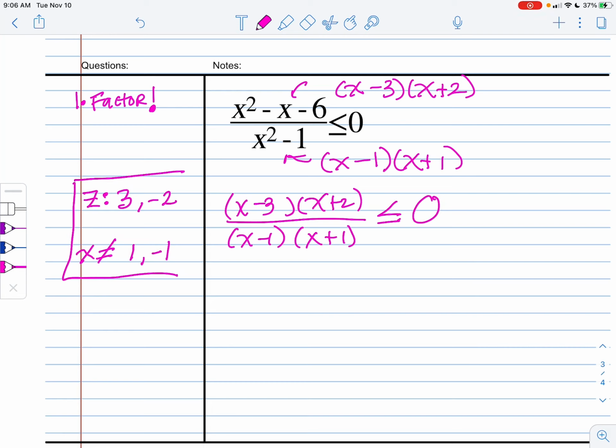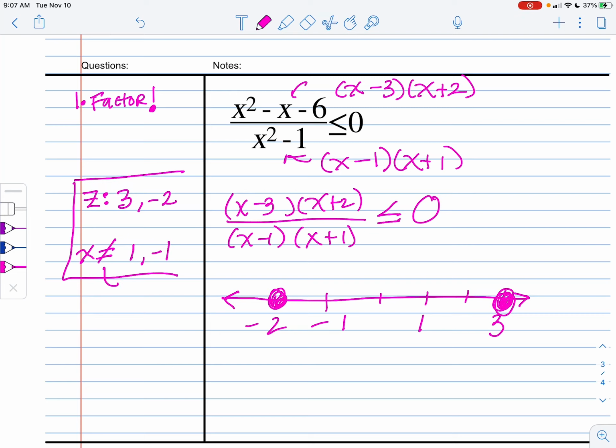Okay, so I want to mention, while I'm thinking about it, because you guys know how forgetful I am, that this is a less than or equal to symbol, which means as we set up our number line, we're going to have closed circles. But there's a problem. And the problem is that I can have closed circles here where my zeros are.